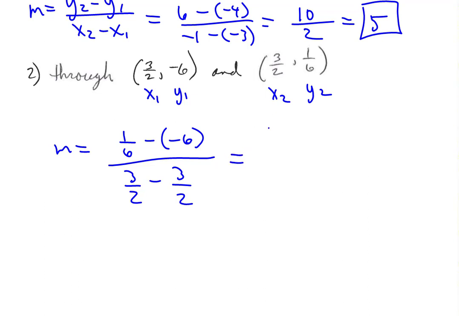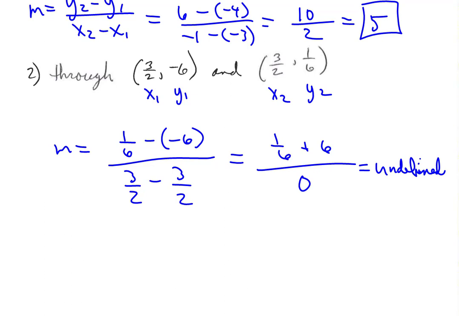In the numerator, of course, we'd have 1/6 plus 6. Now there's some fraction work to do there, but I'm going to avoid it for a second because look at the denominator. You have 3/2 minus 3/2, which would be 0, which means our slope as computed is some number, 1/6 plus 6, over 0, which we know to be undefined.